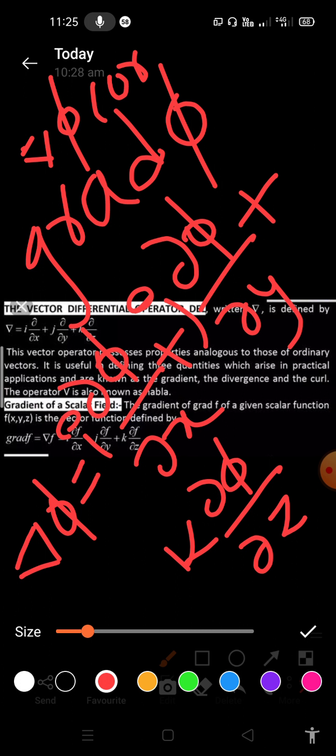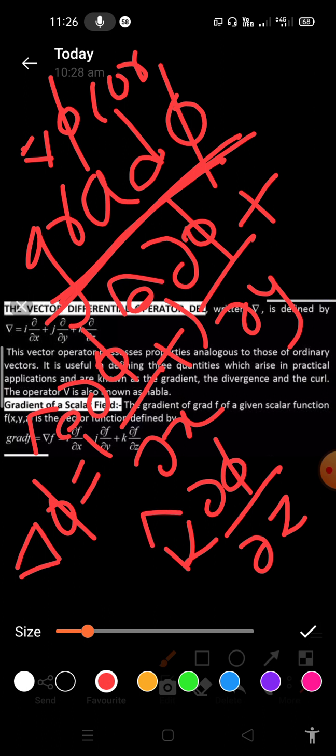Whenever you have a scalar field and you want to change it into a vector field, you have to apply the gradient, and it will convert into a vector having i, j, k components. This is the gradient of a scalar field.